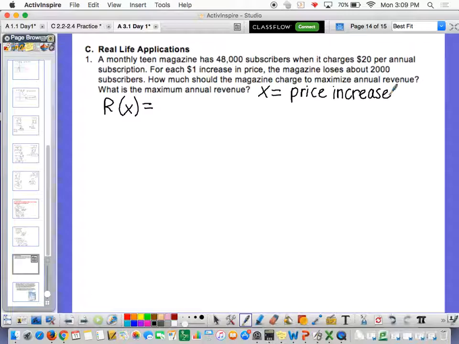So the revenue for every price increase is going to be how many people order the magazine times the price per person. That's how many people buy it times how much it costs. That's the revenue.